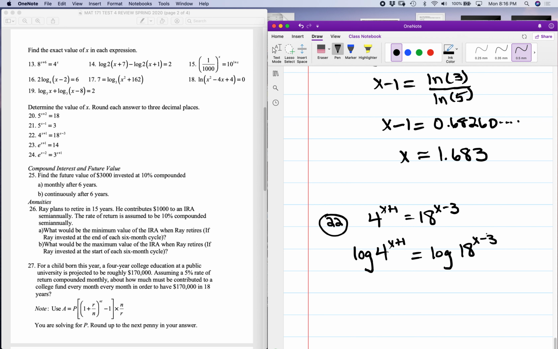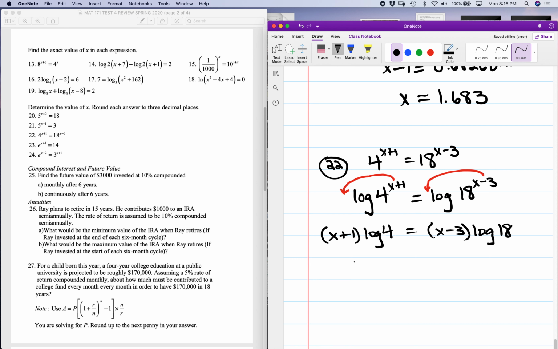And here, for x plus 1 and x minus 3, we can treat the powers and re-express them as coefficients. So on the left-hand side, I'm going to have all of x plus 1 times the base 10 logarithm of 4 is equal to all of x minus 3 quantity times the base 10 logarithm of 18.